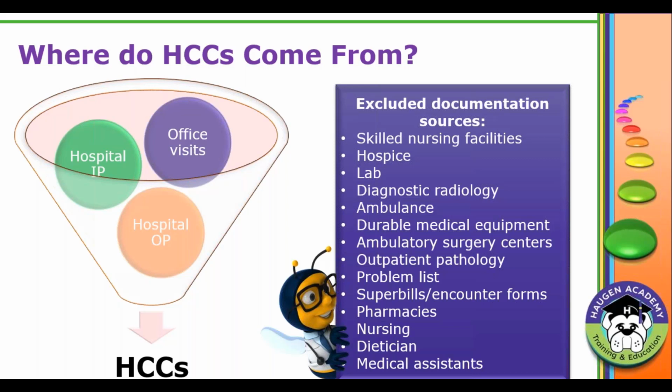I don't think there's anybody in this day and age who's coding from a problem list. I think we all realize there are problems with the problem list. And, just thinking of myself going to the doctor and them asking, do you still take such and such a medication? It's like, I took that 3 years ago for a week. And, no, I'm not still taking that. So that comes from the problem list.